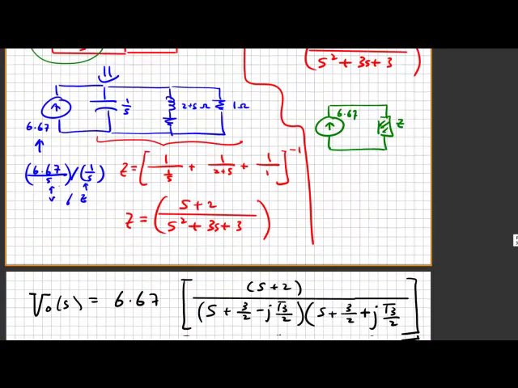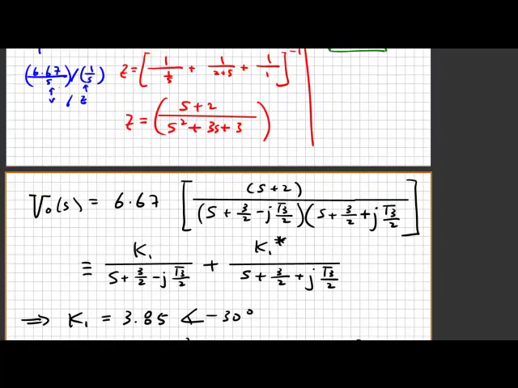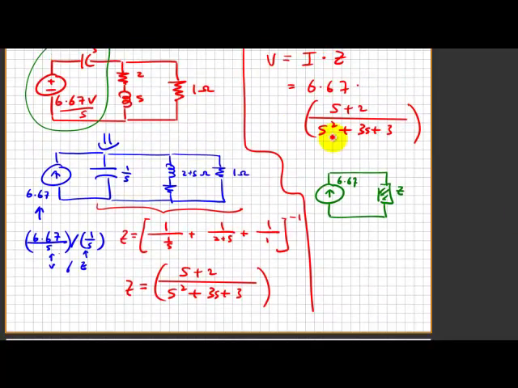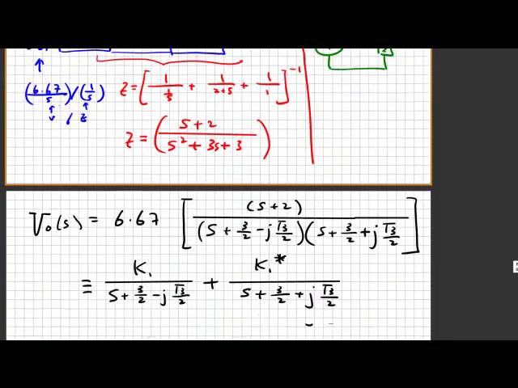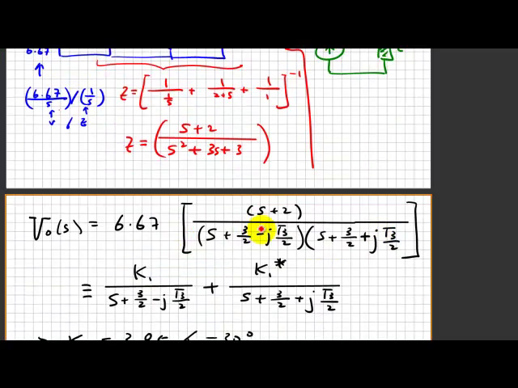For the final step, I have already factored this. It is the same as what we have in this situation, except that I factored it, and apparently this has complex conjugate roots. To do that, you write k1 over s plus this root, and then plus k1 conjugate over the other one.